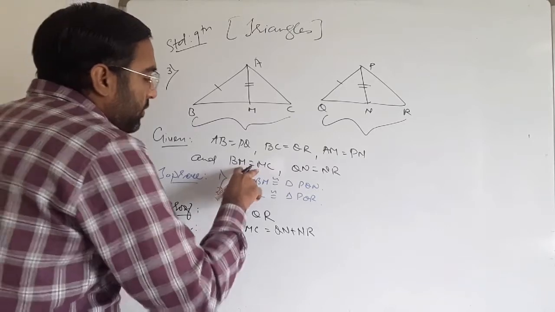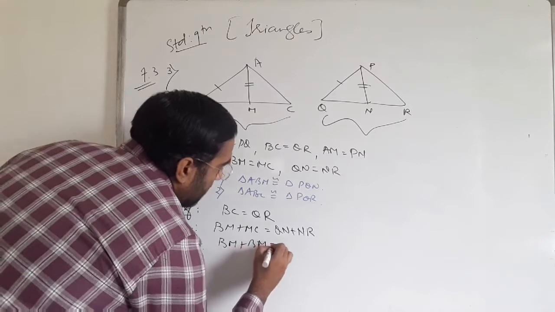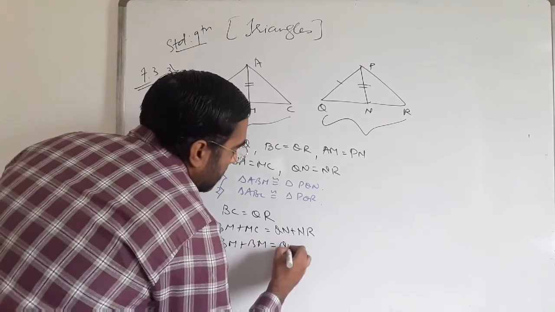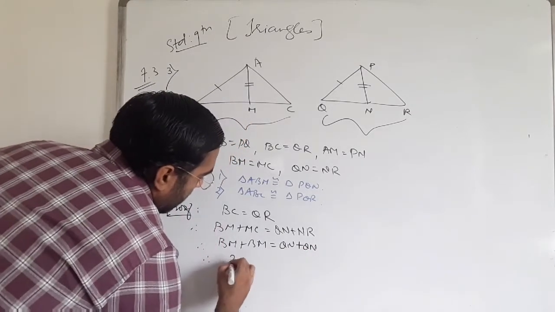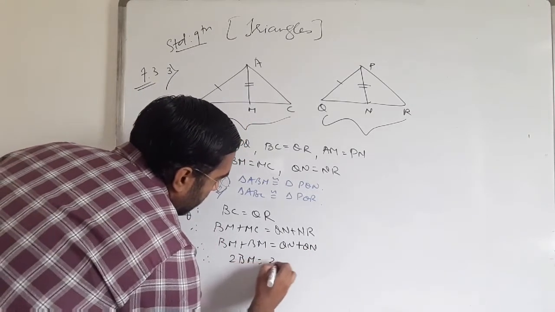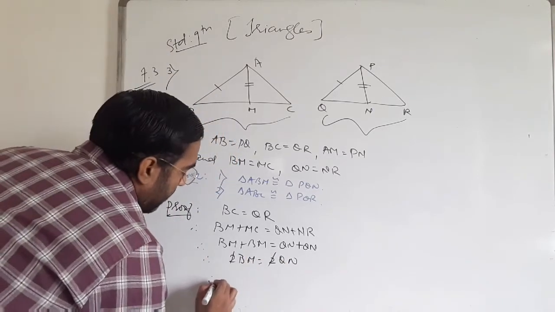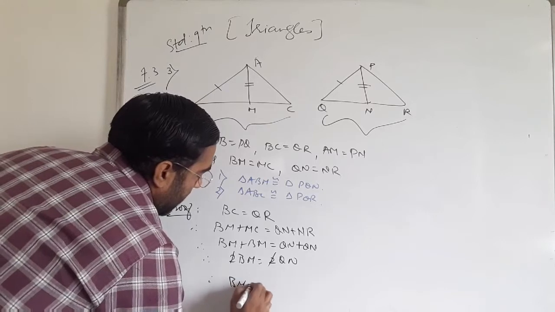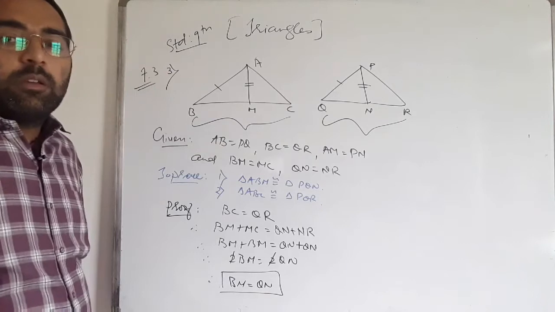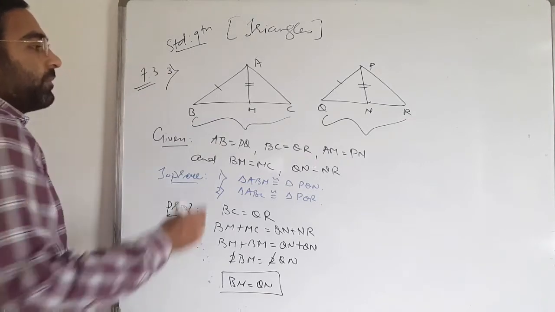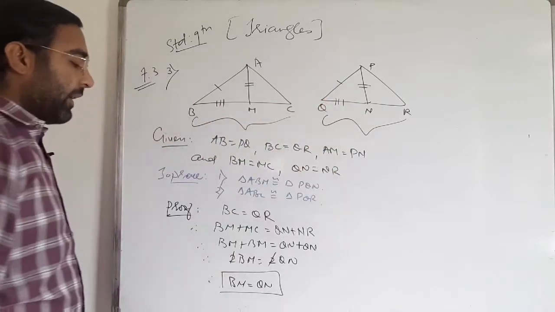So I'll write BM plus BM is equal to QN plus QN. Therefore 2 times BM is equal to 2 times QN, so the 2s are cancelled out. Therefore here we are proving that BM is equal to QN, this part is equal to this part.